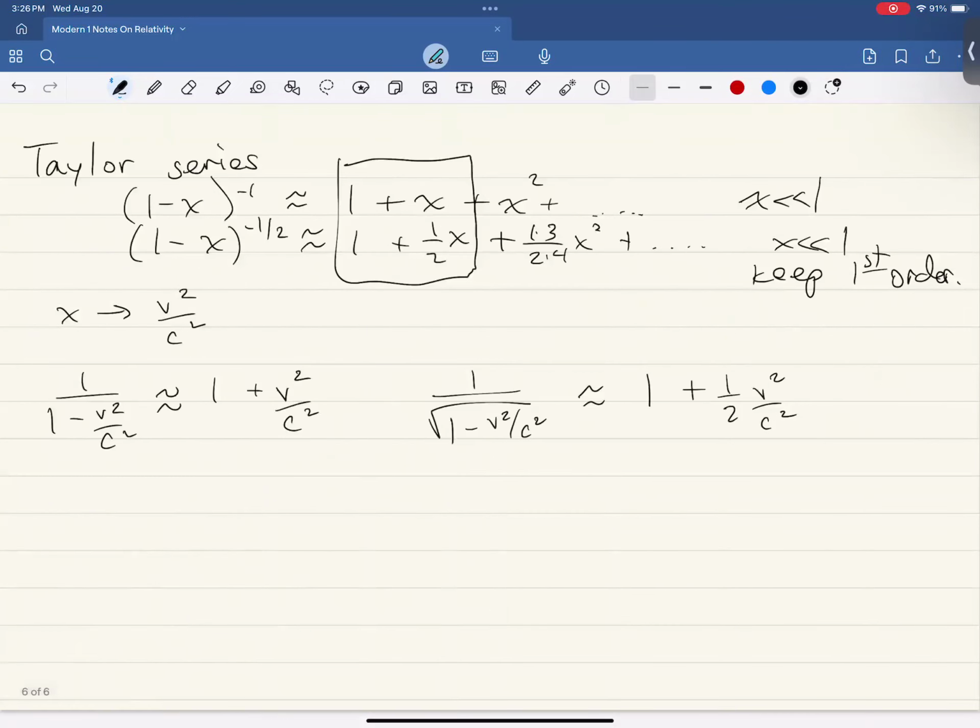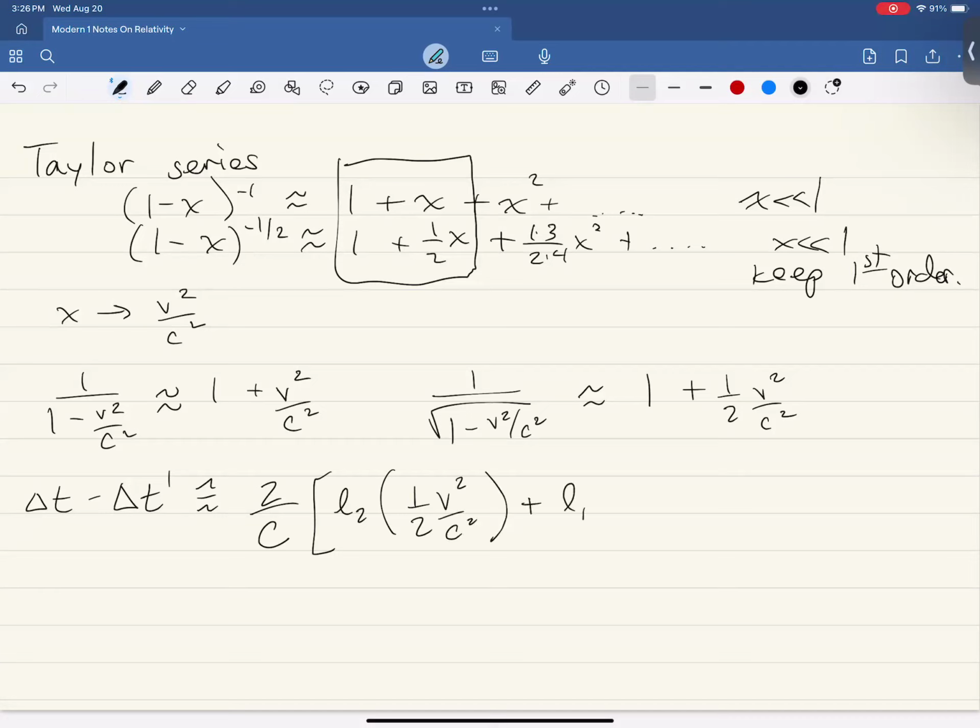So then delta t minus delta t prime is approximately equal to 2 over c times L2 times 1/2 v squared over c squared plus L1 times 1/2 v squared over c squared. Okay?